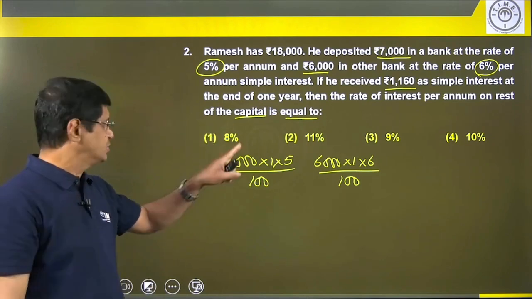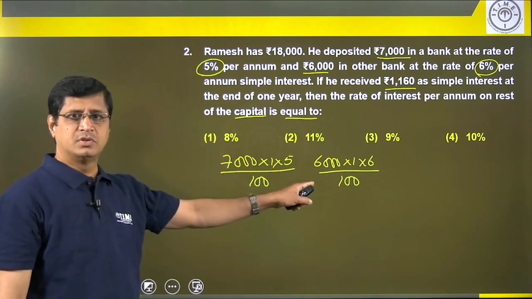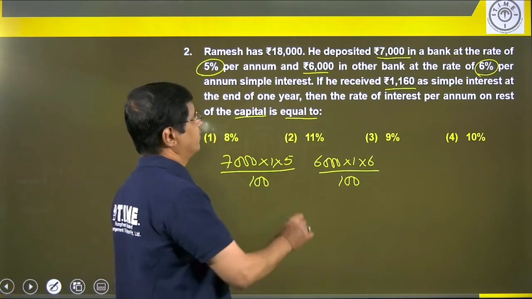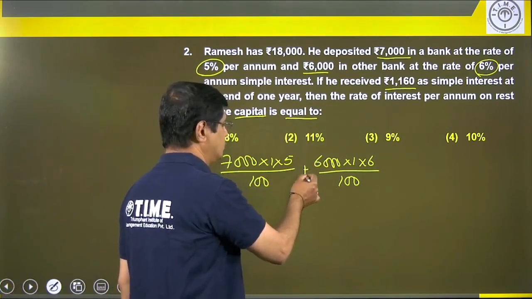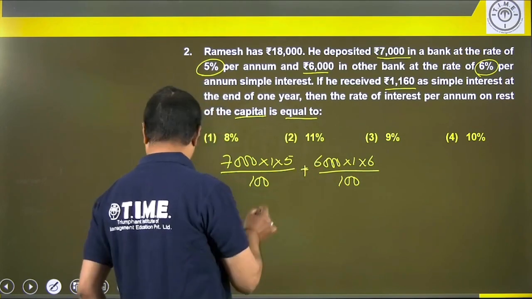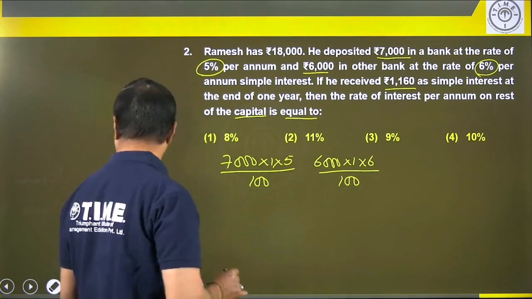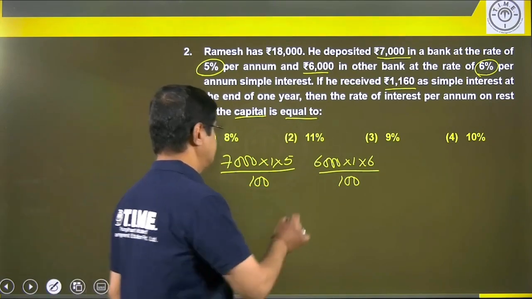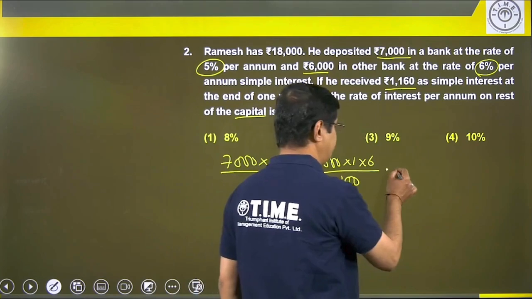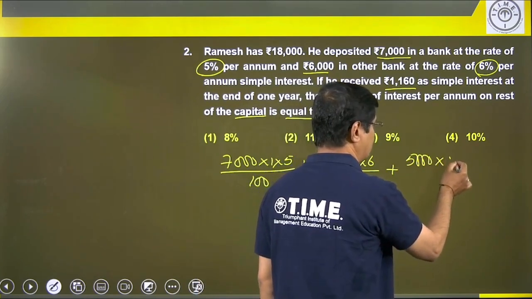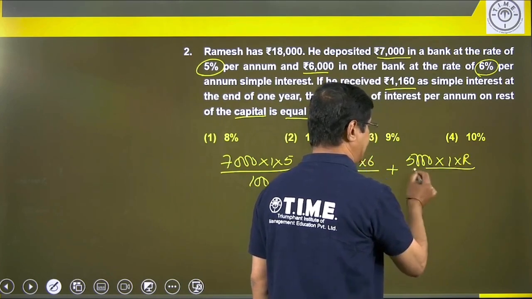Out of 18,000, 13,000 is deposited into different banks. Now, what is the remaining value? The remaining value is 18,000 minus 13,000, that is 5,000, for 1 year at a rate of R% per annum.